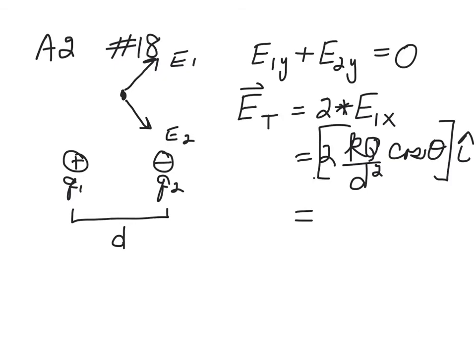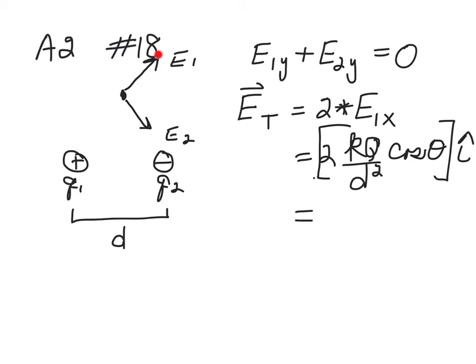Okay, the first thing to notice is that the y components, by symmetry, because the charges and the distances are equal, are going to cancel. So the y components cancel, so the net field will be in the i hat direction. And E1x and E2x will be identical because these charges have the same magnitude. And so we can say E total is 2 times the x component of E1 or E2.